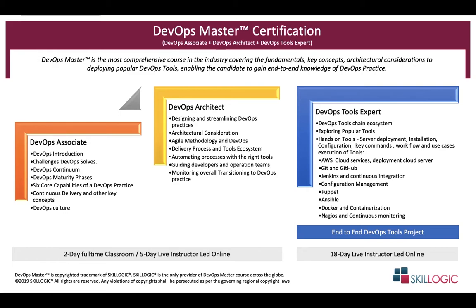So if someone is stuck with some of the tools implementation, they can come to the revision sessions, which happen in a physical classroom setup, to get it solved. So combining DevOps Associate, DevOps Architect, and DevOps Tools Expert brings you very end-to-end knowledge, and you will be awarded the DevOps Master certification on completion of this course.